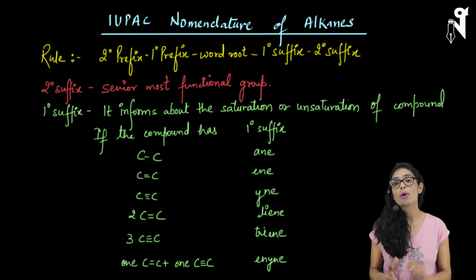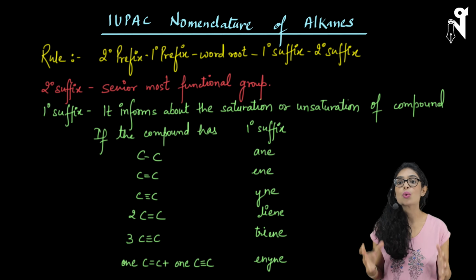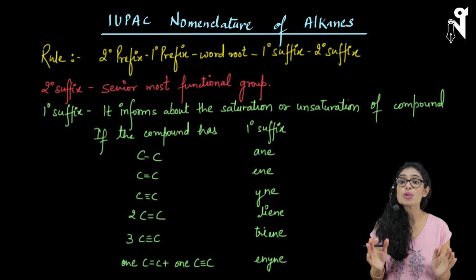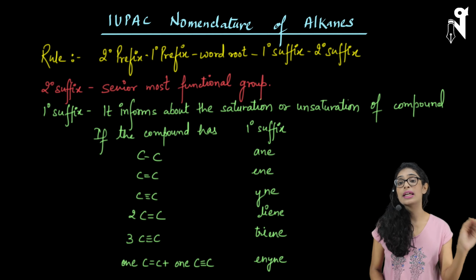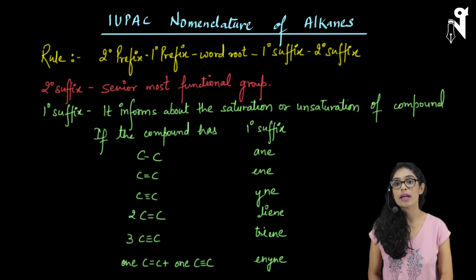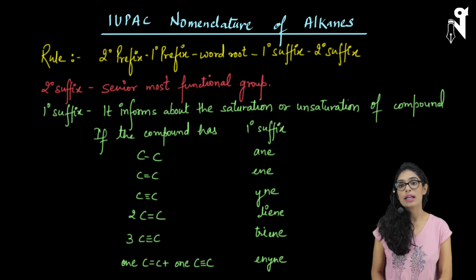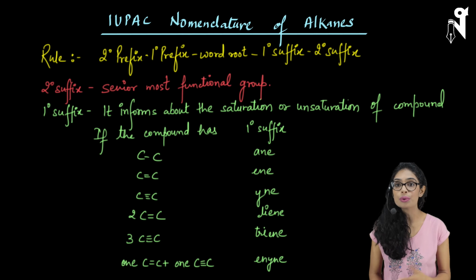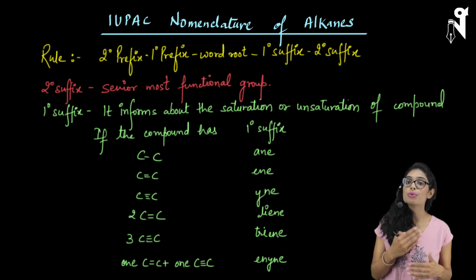Next, and the very important part of our chapter, that is nomenclature of the compounds, is what is going to start. Though we have understood the basic naming of alkenes and alkynes, when I started the basics of organic, I told you what is the suffix for alkanes, alkenes and alkynes, and what the word root means, and what are different word roots we deal with.